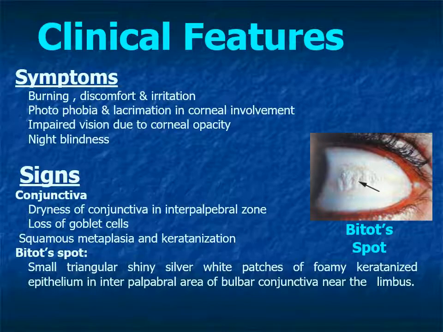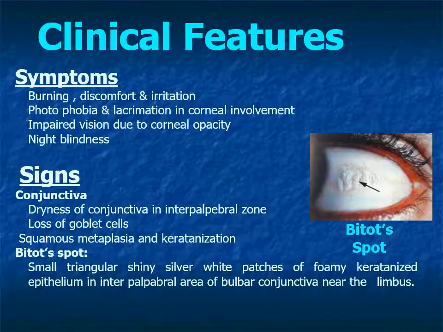Now we will discuss the signs of vitamin A deficiency. In this case, the conjunctiva appears dry in the interpalpebral zone, with loss of goblet cells, squamous metaplasia and keratinization, and Bitot's spots appear.